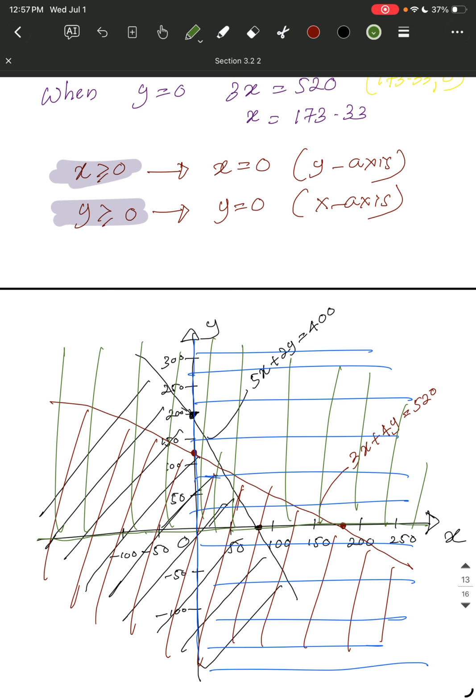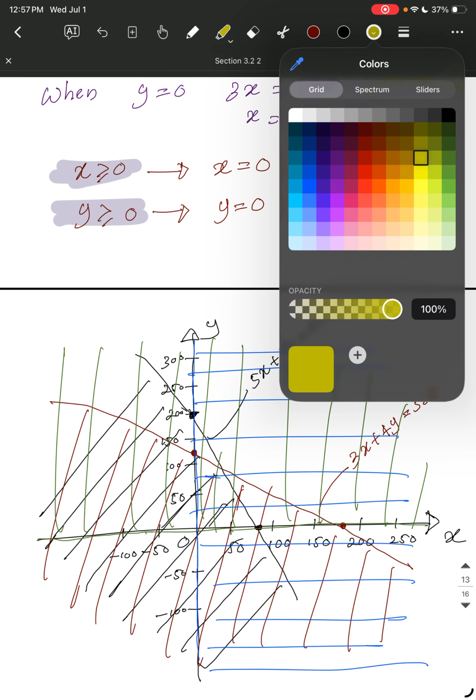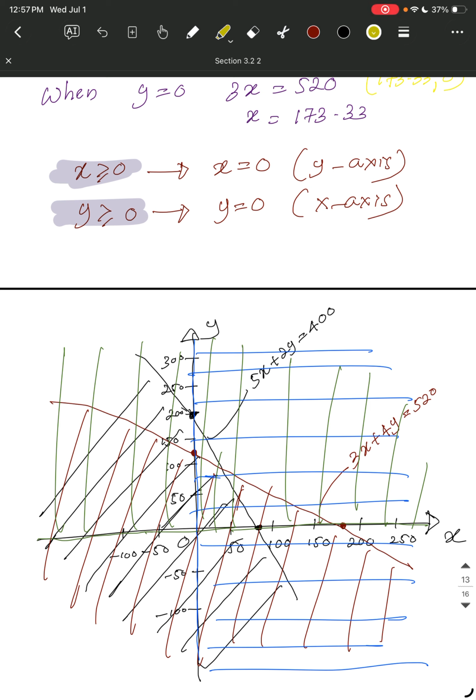Okay, then let's find the feasible region. The feasible region is where all four regions are satisfied. So all four regions are satisfied within here, right?